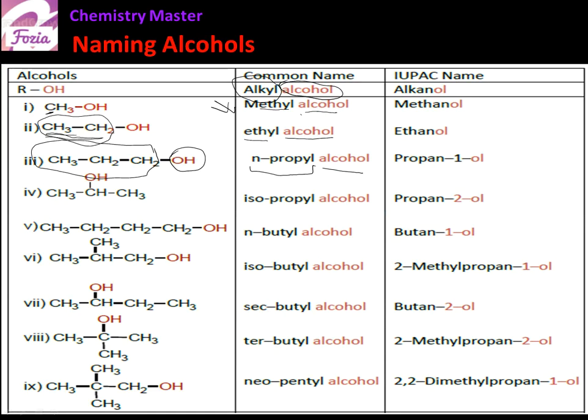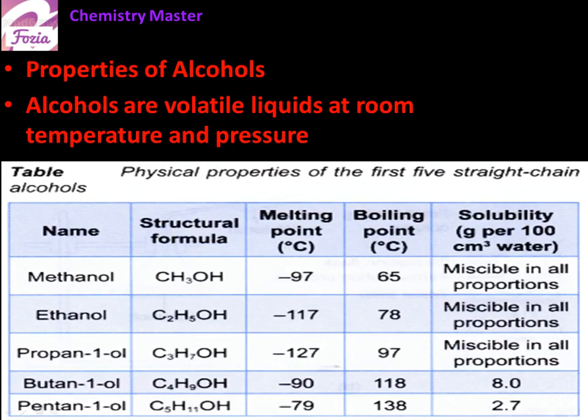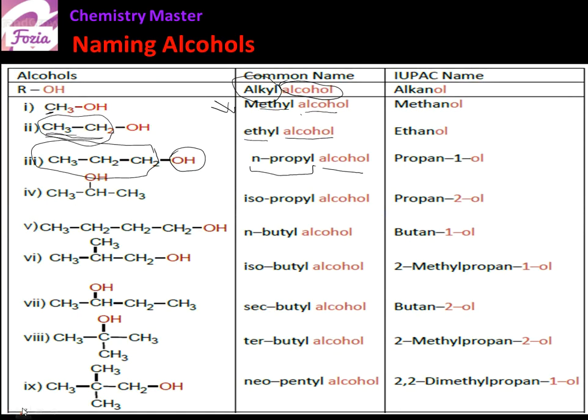So here you can see the OH is attached on the secondary carbon, so the name can go isopropyl or secondary propyl alcohol. Like in the same case, when this hydroxyl group is attached to a 4-carbon chain, but at a secondary position, then your alkyl will be named secondary butyl alcohol.